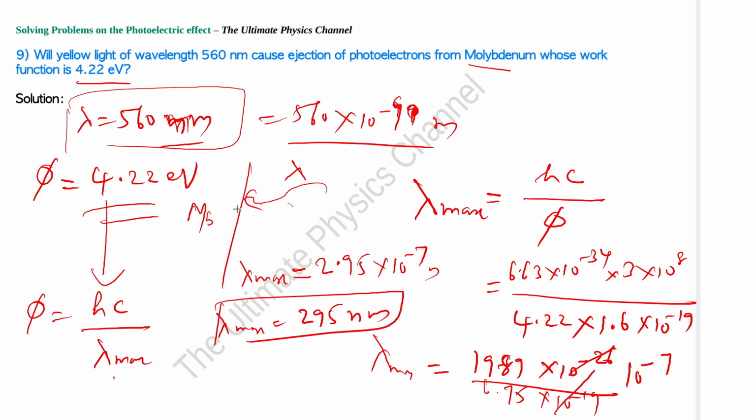Now the question is, can this wavelength cause photoelectric effect? Lambda max is 295, but the given wavelength is 560 nanometers, which is greater than lambda max. So I have to say that this will not cause photoelectric effect. That is the conclusion we can give.